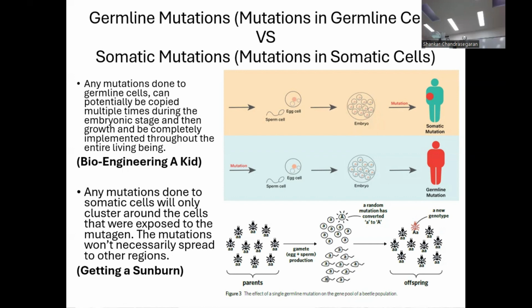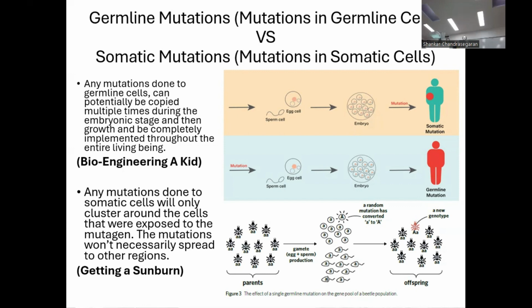So any mutations done to germline cells can potentially be copied multiple times during the embryonic stage, where let's say the mutation happened to the egg cell before fertilization. Since that egg cell has the mutation, after fertilization, every time the one cell reproduces to become an embryo, it will carry that mutation along, and it will make sure that mutation is spread throughout the living thing.